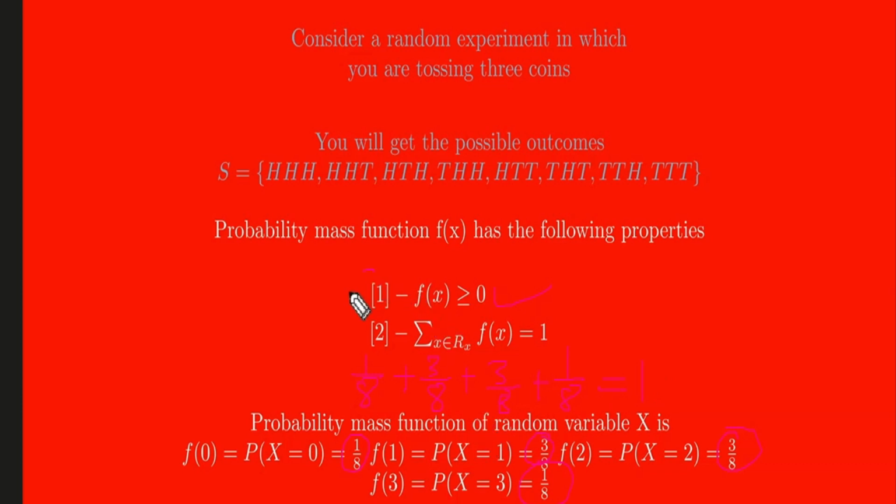So it holds both properties. If these 2 properties do not hold, then it is not a probability mass function.